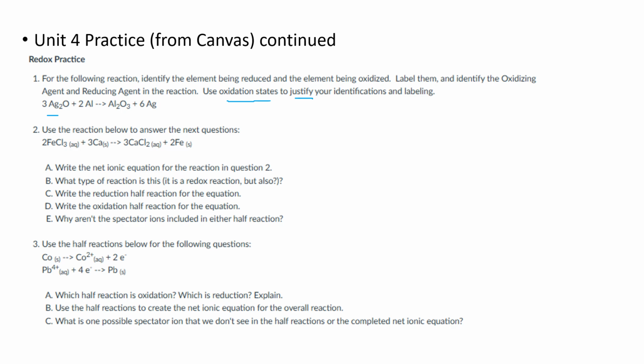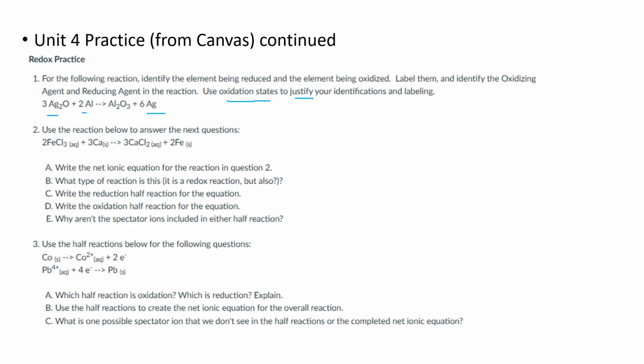So oxygen is a -2. There are 2 silvers with the oxygen, so each silver is a +1, and on this side, silver is elemental, so we've got a 0. +1 to a 0 is a reduction. Silver is being reduced. Because it's being reduced, it is the oxidizing agent.